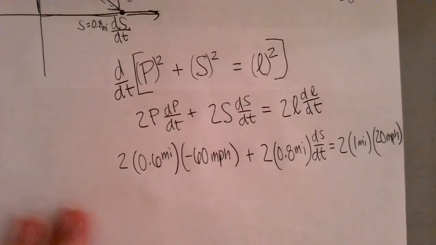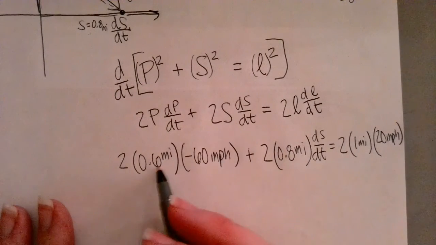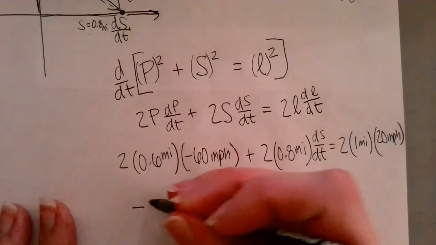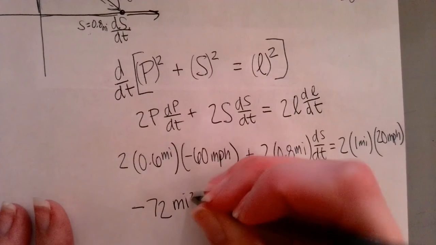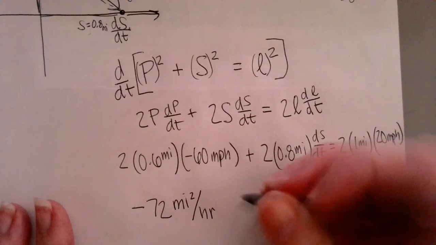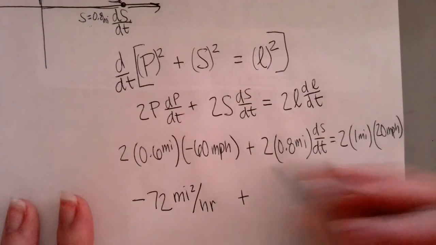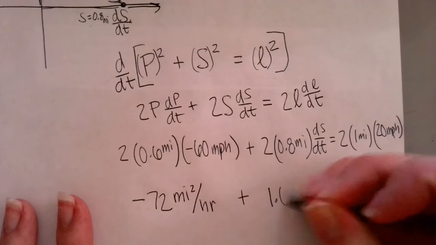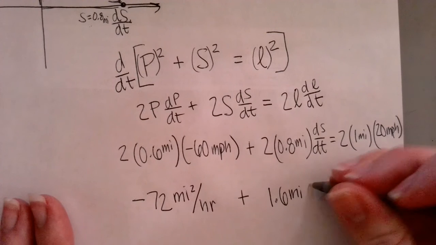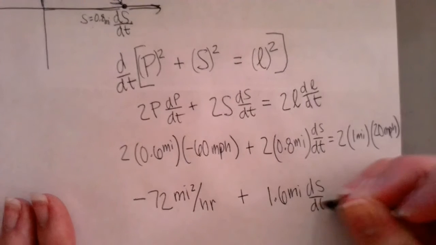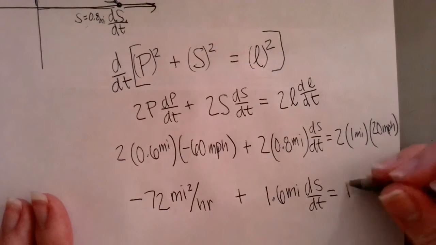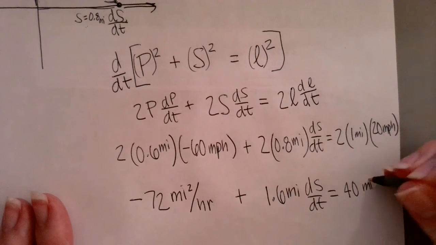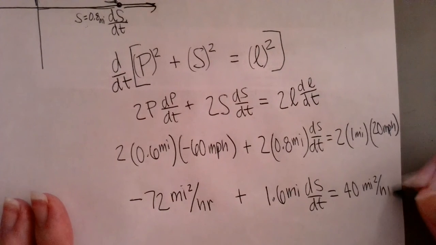Using some simple algebra here, 2 times 0.6 times negative 60, that is negative 72 miles squared per hour, plus 2 times 0.8, that's 1.6 miles, ds dt, equals 2 times 1 times 20, so that is going to be 40 miles squared per hour.